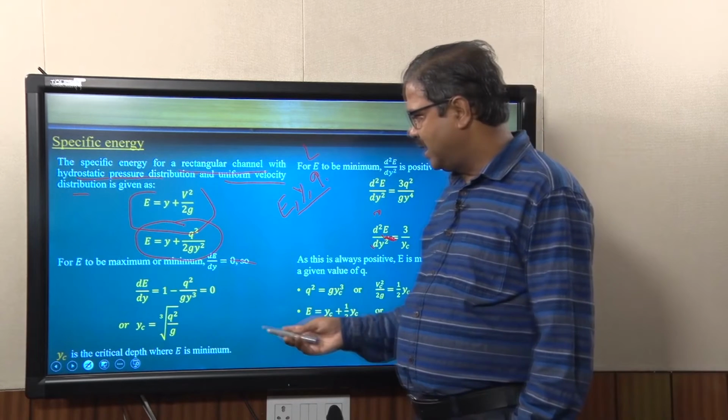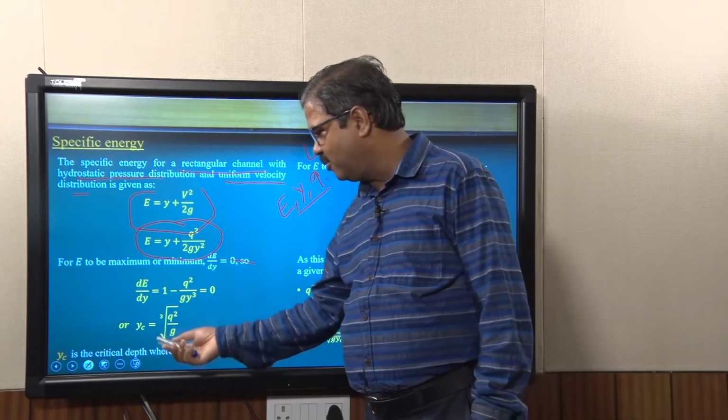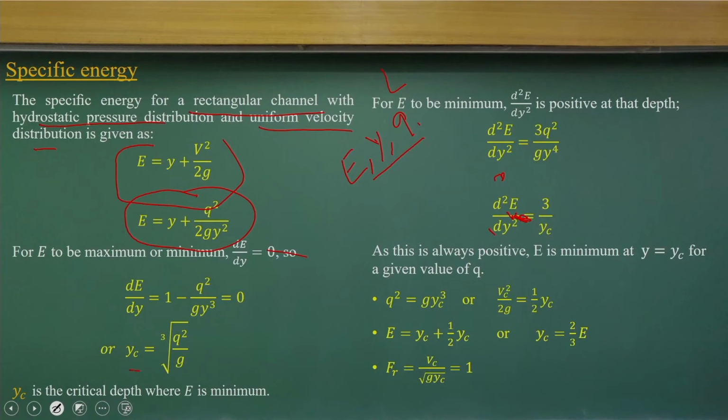You compute it and find that yc comes like this. Same way, for it to be a minimum, the second derivative of E with respect to y should be positive. You equate it and find that it is always positive.